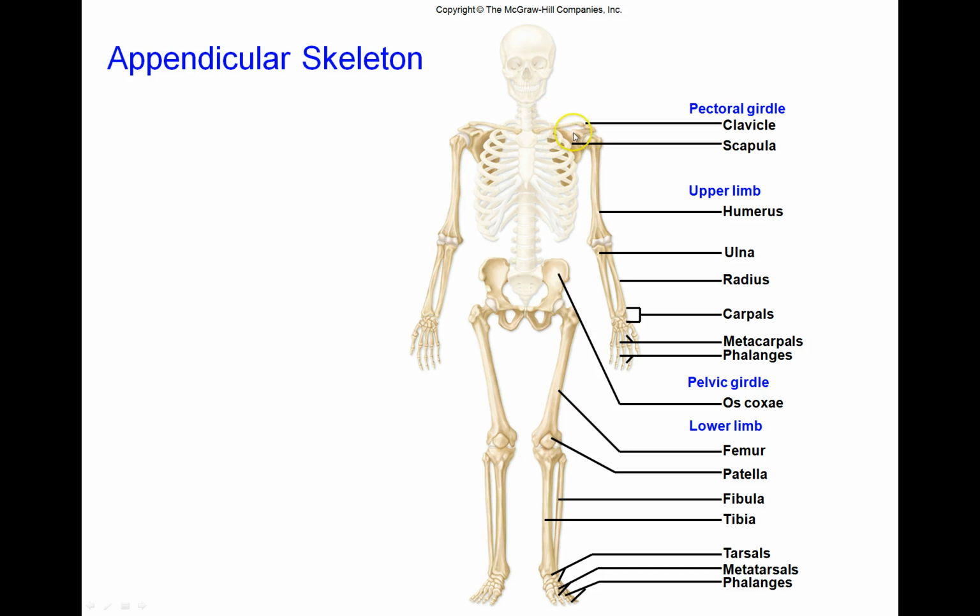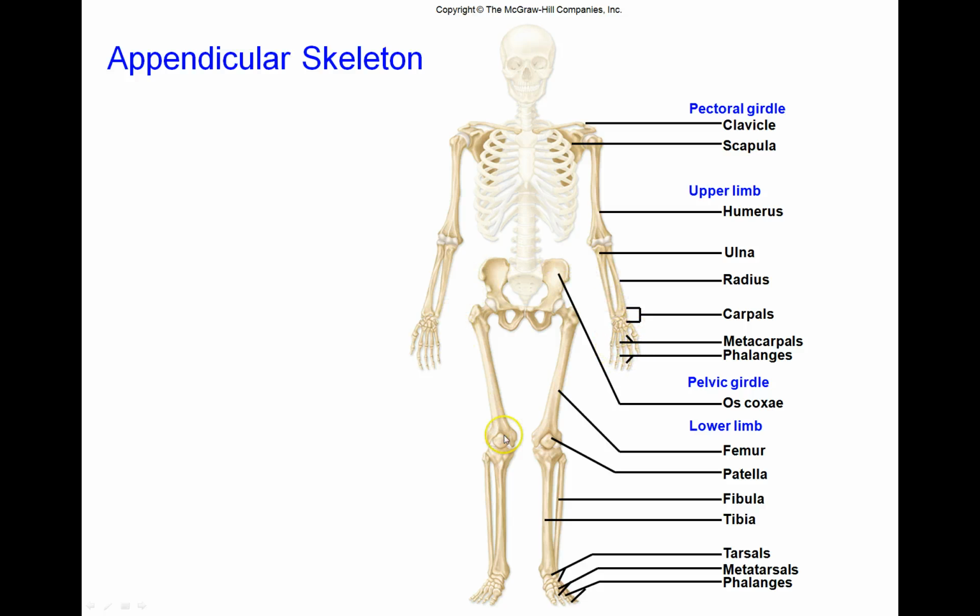The pectoral girdle then articulates with the upper limb via the humerus, and then two bones within your forearm, the radius, which is the more lateral in the anatomical position, and the ulna, which is more medial. In your hand, you have a number of carpal bones, metacarpal bones, and phalanges of the fingers.